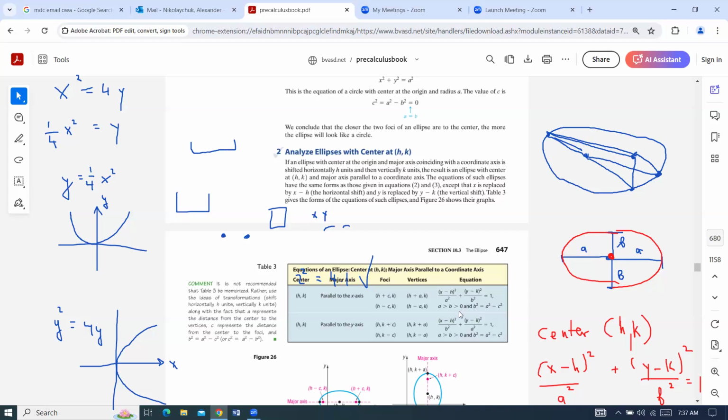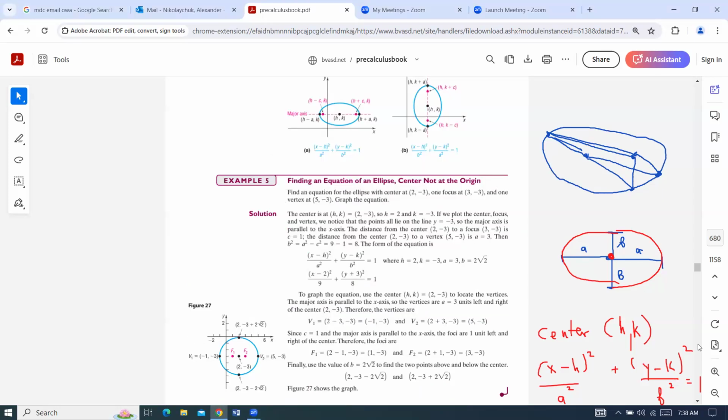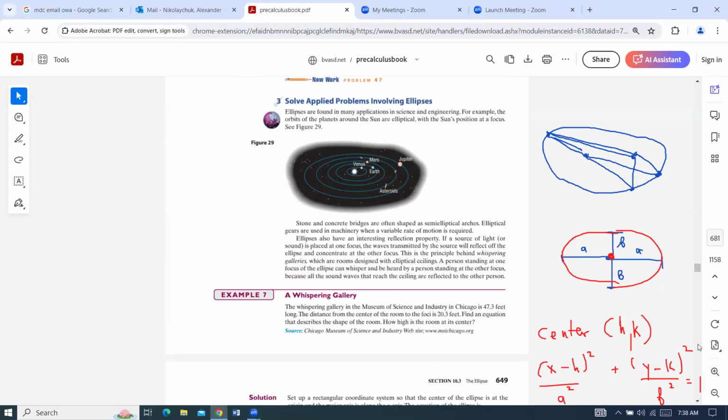So all I want is to practice using this formula to produce the ellipse, and for that matter, all I need is the center H, K put down on the XY plane, and then we're gonna need to have the coordinates of A and B that are underneath.